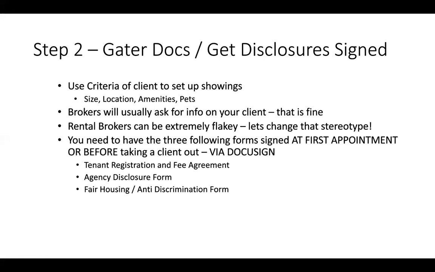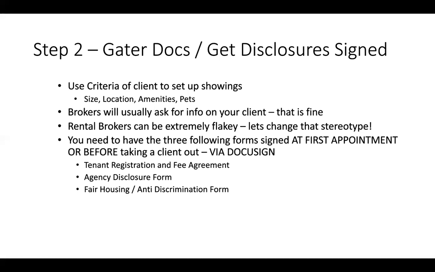And here at White Group Properties, our maximum fee is 15% of a year's rent for a rental. That doesn't mean that they necessarily have to pay that. You could be showing apartments where it's a 1 month fee or apartments where it's an OP and the owner's paying you. But we have to disclose at the beginning, in writing, what our maximum fee is if we're taking a client to see multiple apartments.